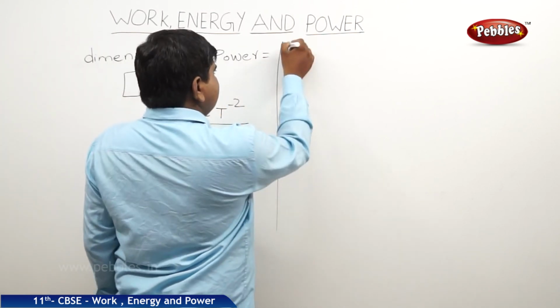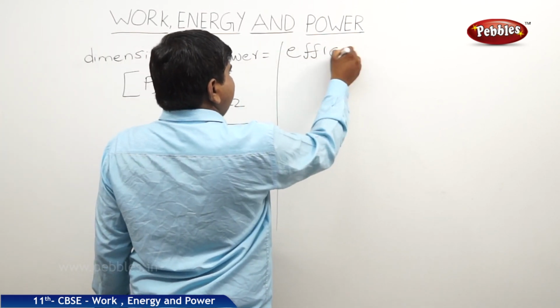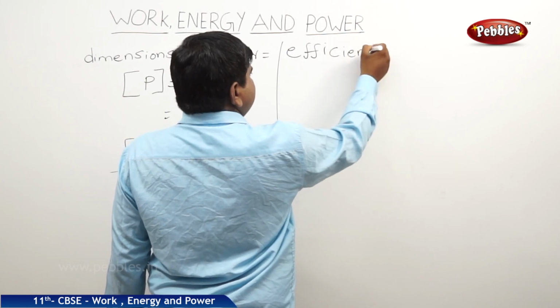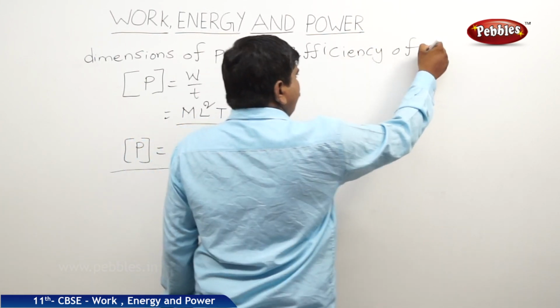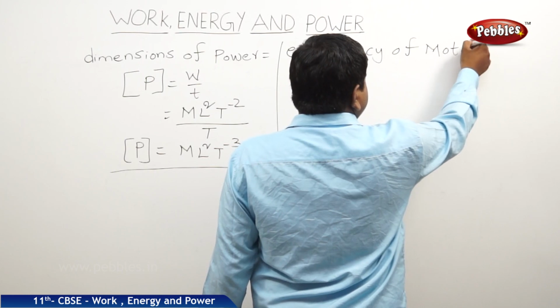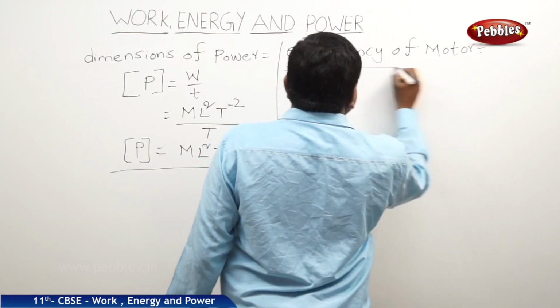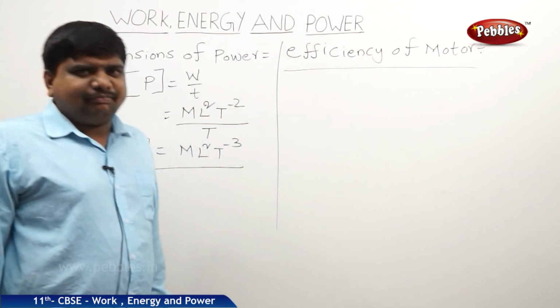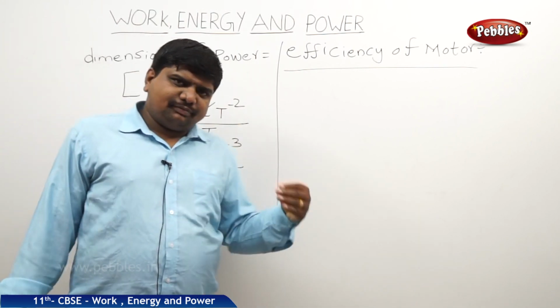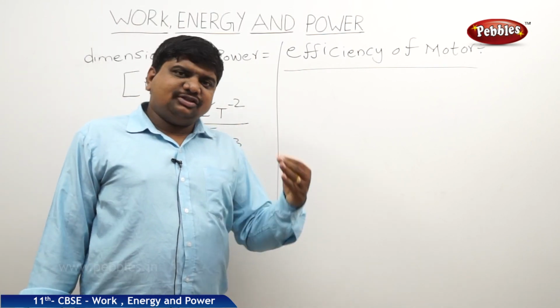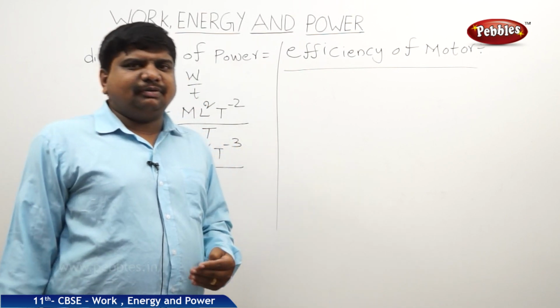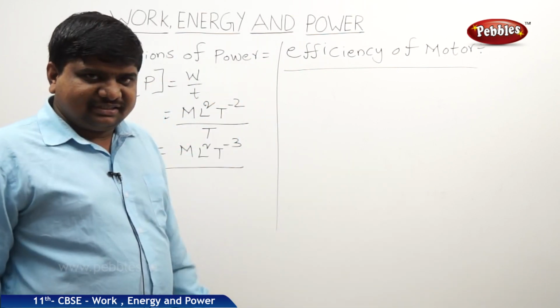The next concept is efficiency of motor. As input we are supplying some power, as output we are receiving some power. The ratio between the output power to the input power, into 100, is called efficiency of the motor.